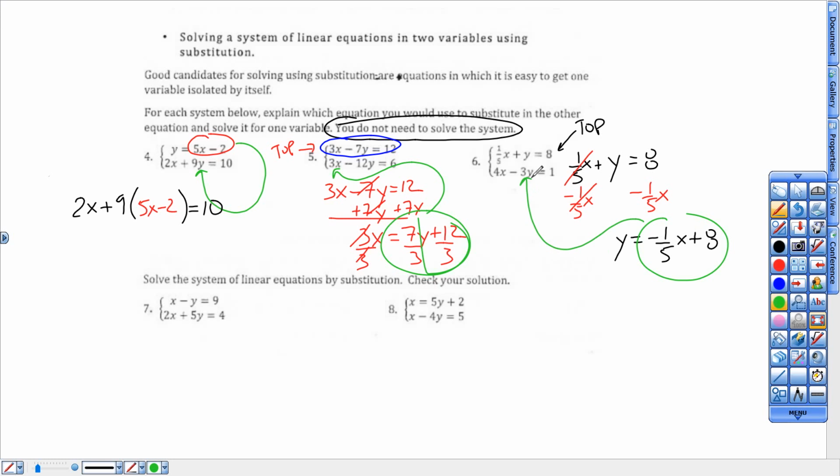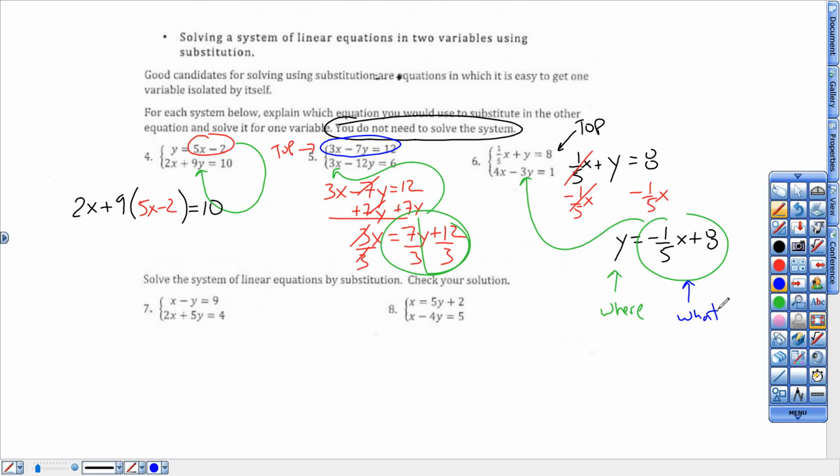But again, with substitution, they want you to see which equation has an x or y you could solve for easiest. When that variable is isolated, it tells you where in the other equation you're going to substitute, and the piece it's equal to tells you what you're taking and plugging in there.